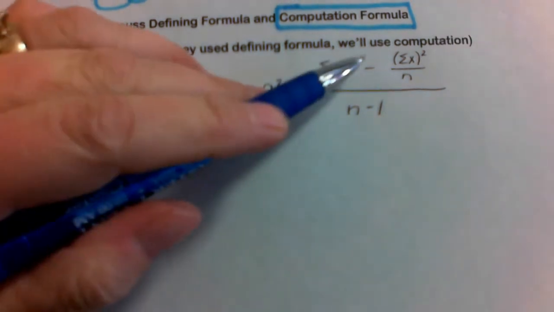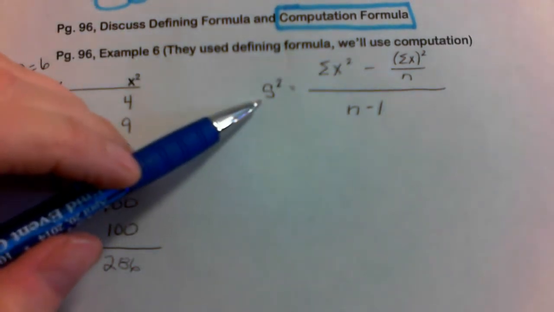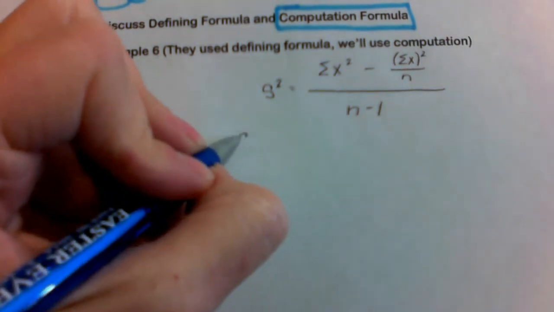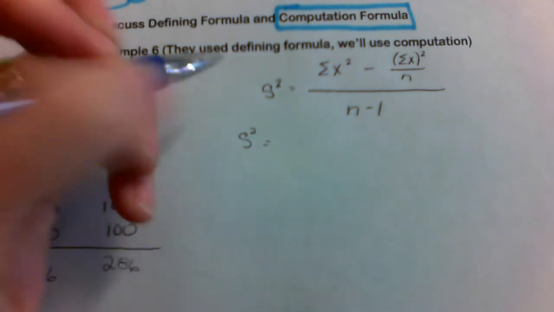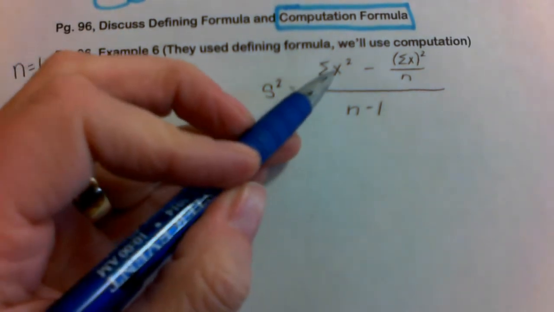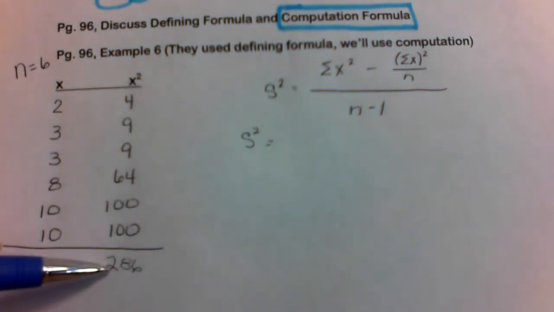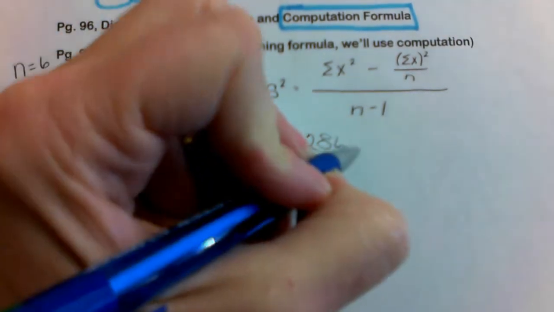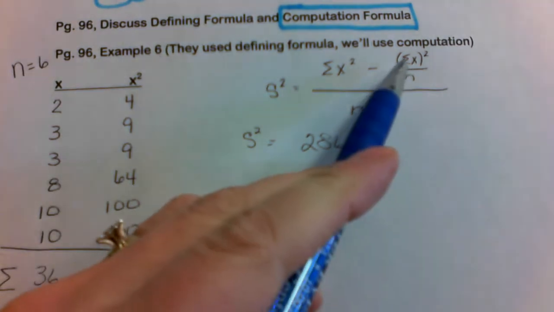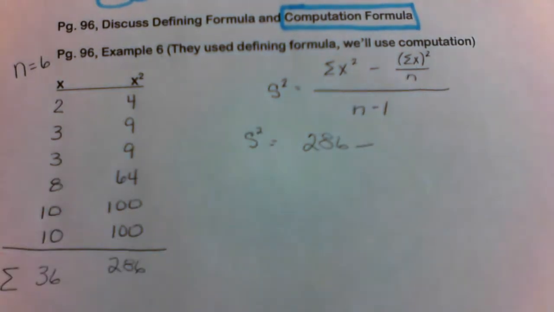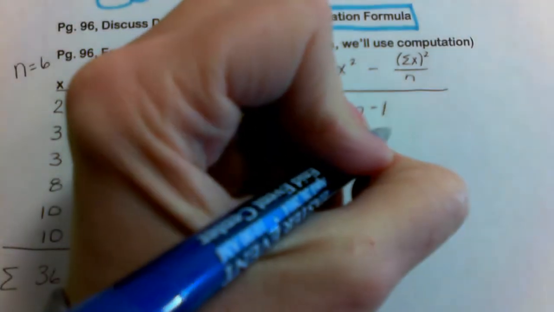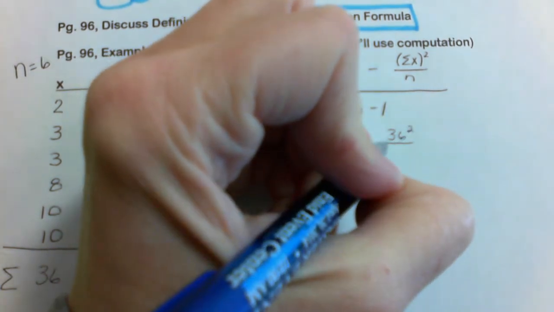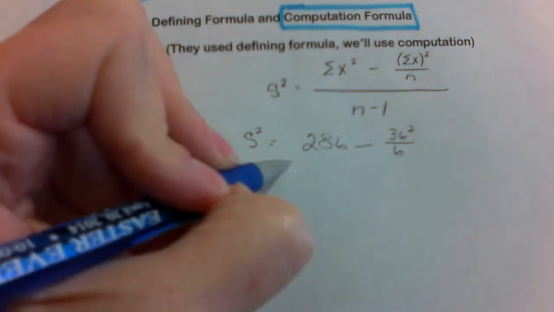All right, so I've rewritten the formula, and S squared is sample variance. So what I'm going to do is calculate the sample variance. S squared equals summation of X squared, which is 286, minus, and this is where you need to be careful, the summation of X, which is 36, to the second power, divided by n, and there's a total of 6 of them.